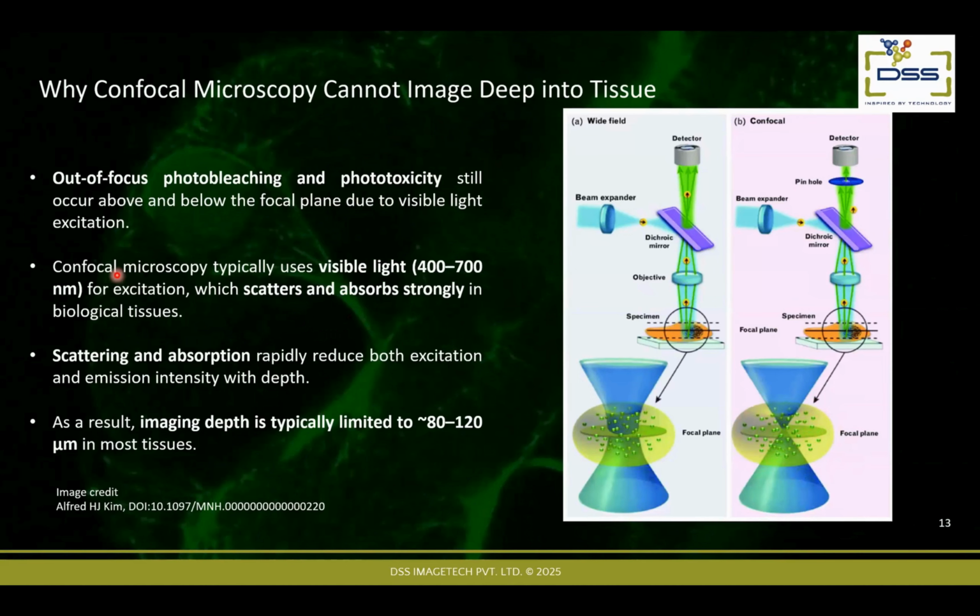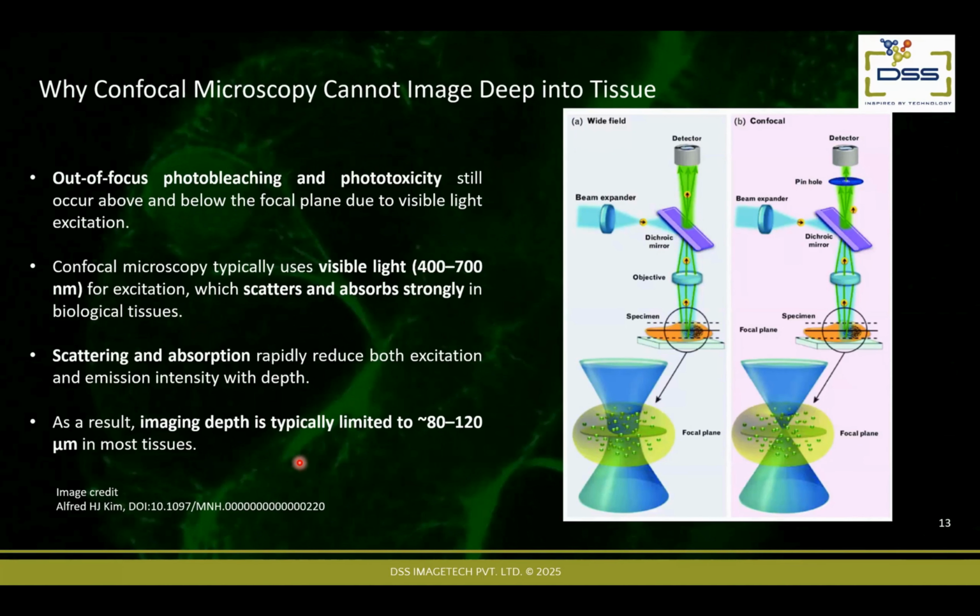And also one disadvantage is that the dyes and antibodies which are used for confocal microscopy are tagged with fluorophores that emit visible light in the range of 400 to 700 nanometers. And again, for this reason, there is high scattering and absorption rapidly when you do excitation and emission in a deep tissue. And that is also the reason why imaging depth in this case is limited to 80 to 120 micrometers in most biological specimens.